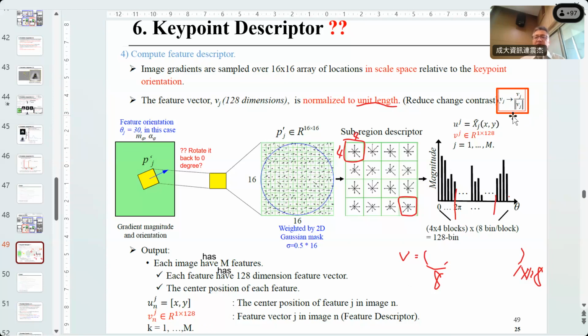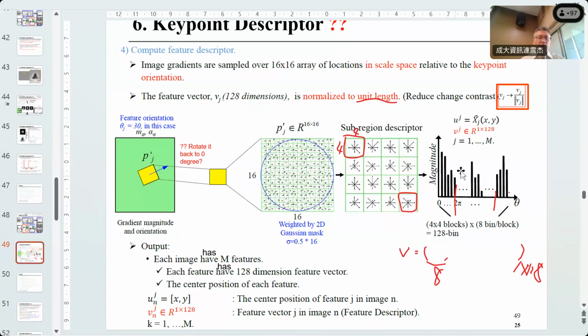So this is the final result. Okay. So that's SIFT. This final result Y, the dimension for this Y is 128 bins. And this is a unit vector, so unit length. Okay. So that's SIFT.